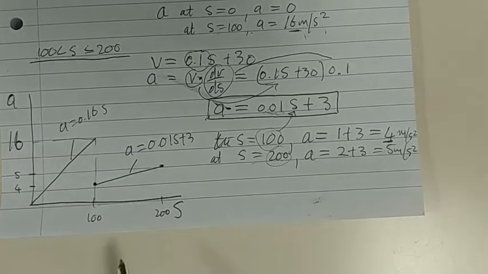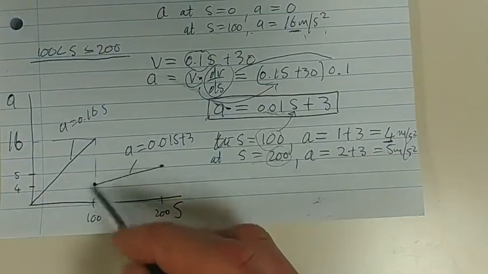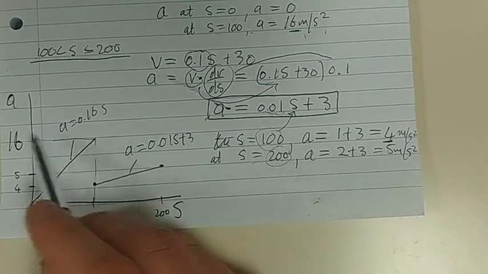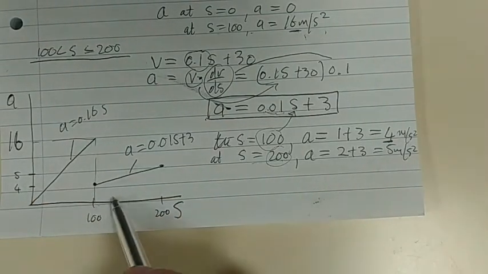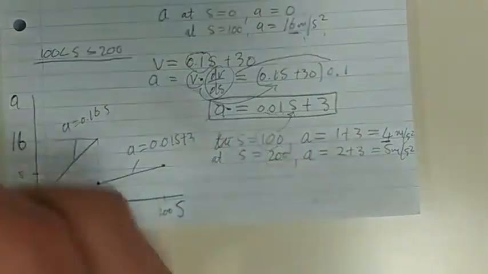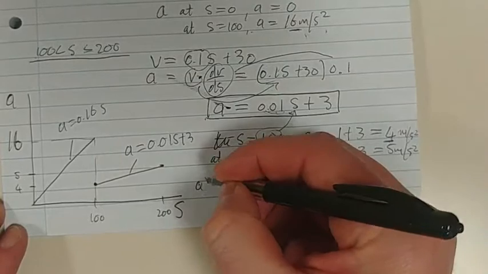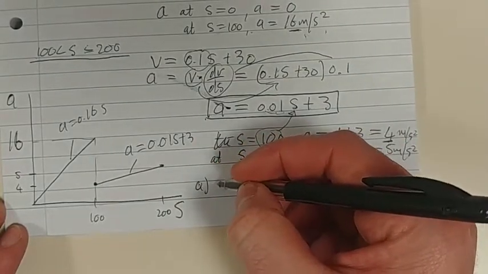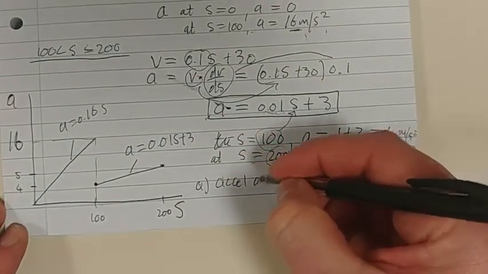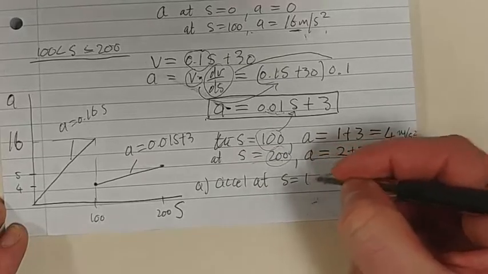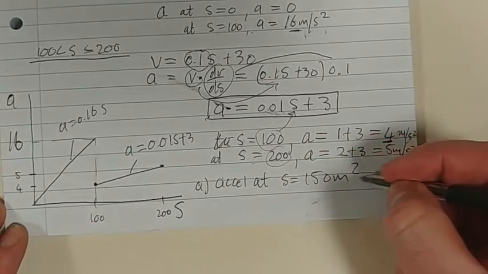So I guess the answer is 16 meters per second squared, although you've got this discontinuity. Okay? And then what is it at s equals 150? So the question is, what is acceleration at s equals 150 meters?